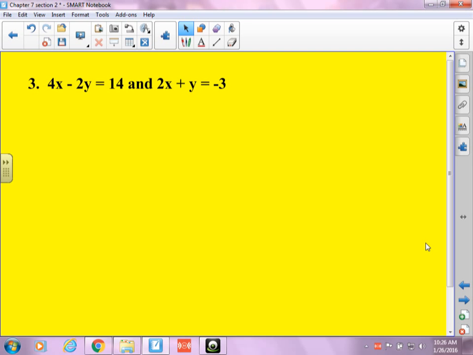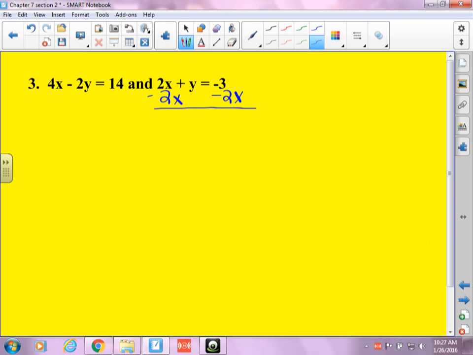That's not real user-friendly. If you look at the second equation, there's a 2x, but do you see this y is kind of by itself? Okay, so I can do something with this that's really easy. So I'm going to take this y and I'm going to try to get it by itself. So what do I do? Yep, I'm going to subtract 2x. And I get y equals negative 2x minus 3. See how easy that was?